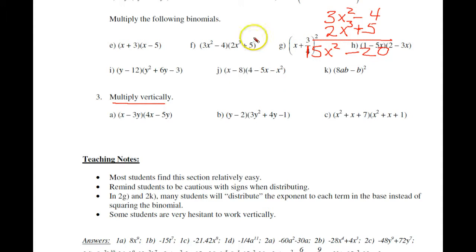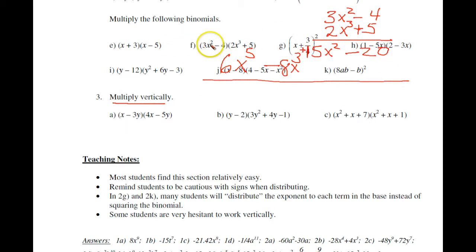And I have to put it in like term columns. That's what I think is going to be useful. So this becomes a negative 8x to the third. Remember, since they are not like terms, we put them in their own column. And now this one is going to be 6x to the fifth.